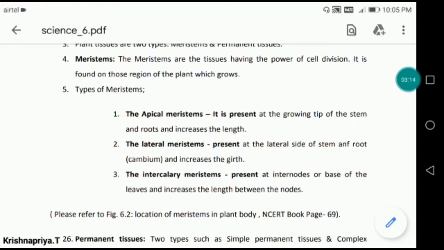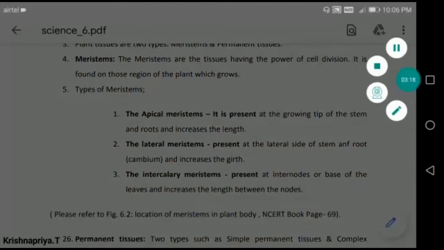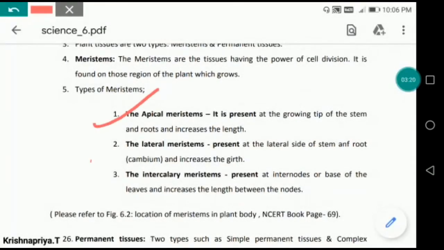So we can say that three types of meristematic tissues are there: apical, lateral, and intercalary meristematic. Apical meristematic tissue is present in the tip of a stem and root and increases the length. Lateral meristematic tissue is present at the lateral side of the stem and root and increases the girth.